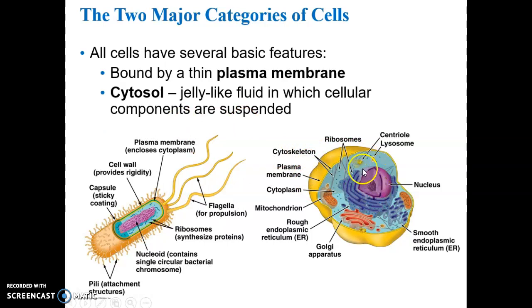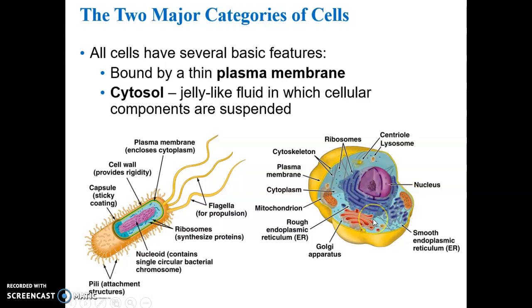Internally, the cytosol is the liquid-like fluid environment internal to the plasma membrane, and that's in light blue here and in light blue over here. Okay? And it contains all the cellular material components and all of these structures within the cell, the cytosol.